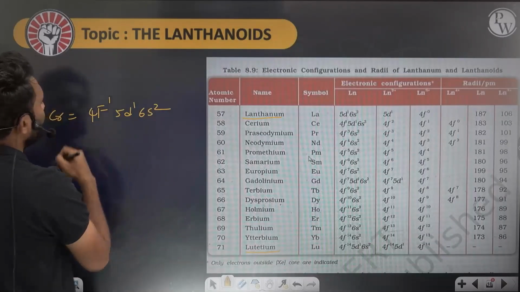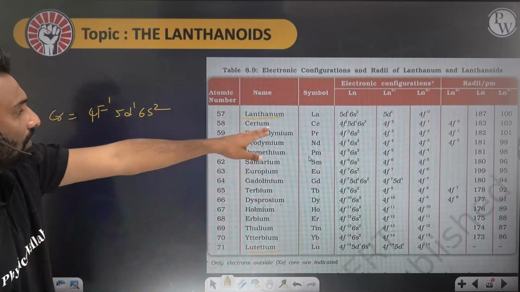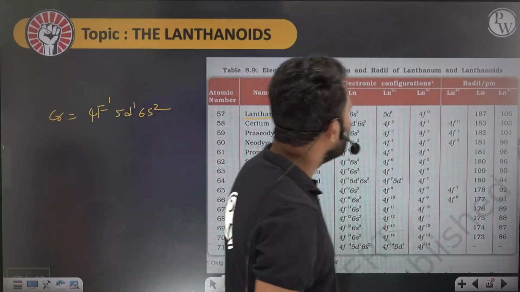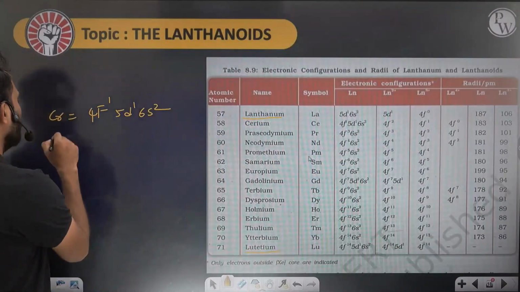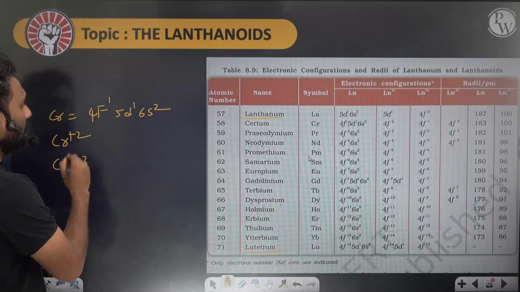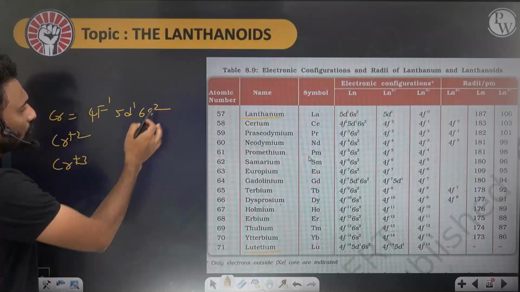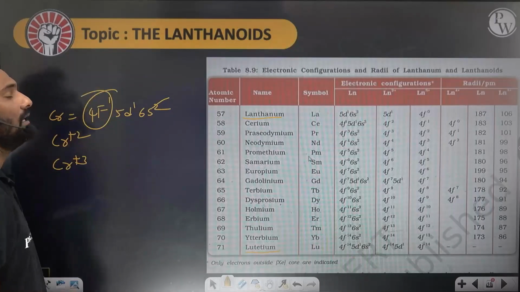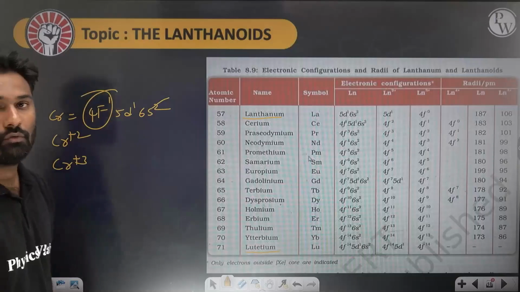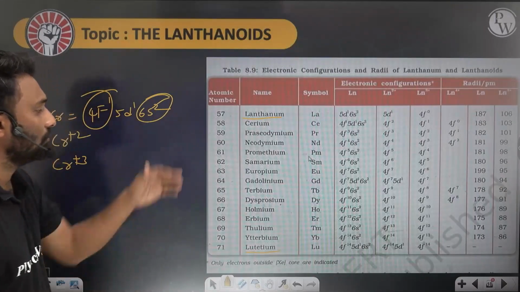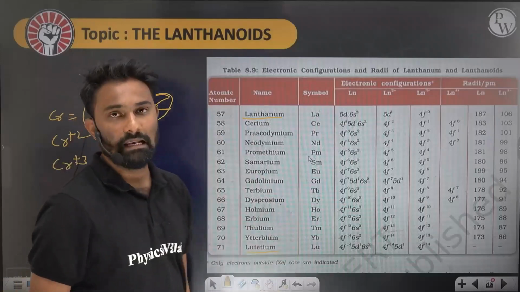If you want to make cerium +2 and cerium +3, the first electrons you should remove from the valence shell, not from the inner shell. If you want to remove electrons, you should remove from the valence shell only. These are the elements present in the lanthanides.